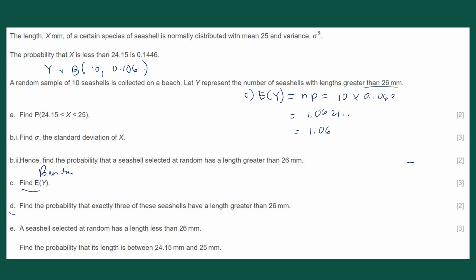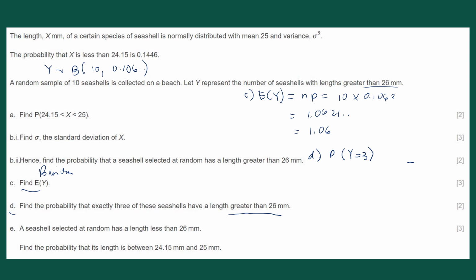For letter D, we find the probability that exactly 3 of the seashells have a length greater than 26.